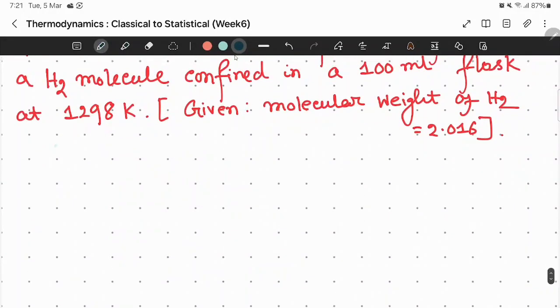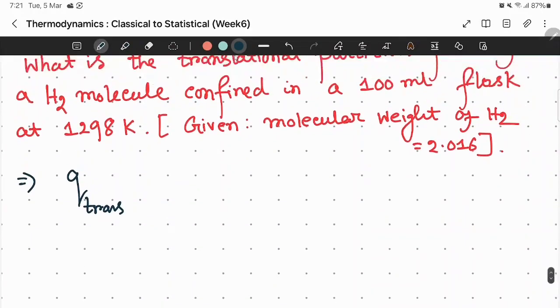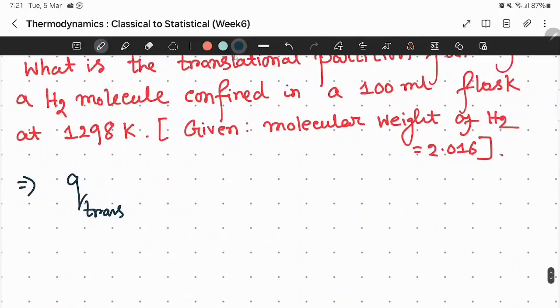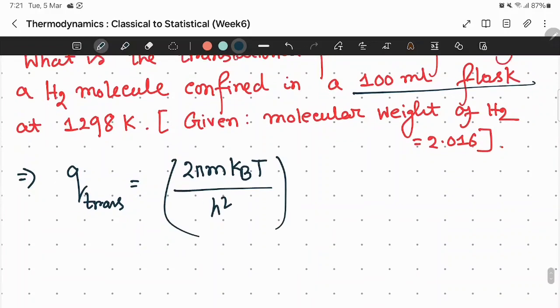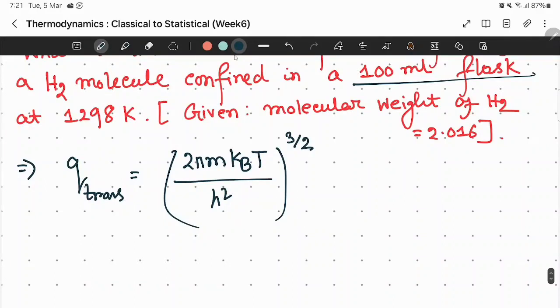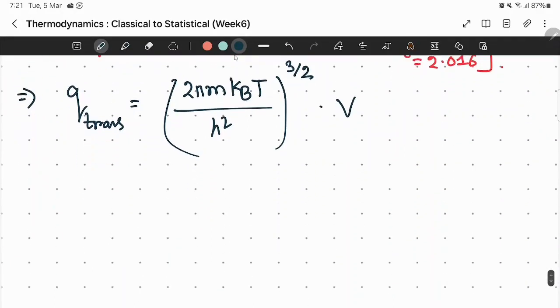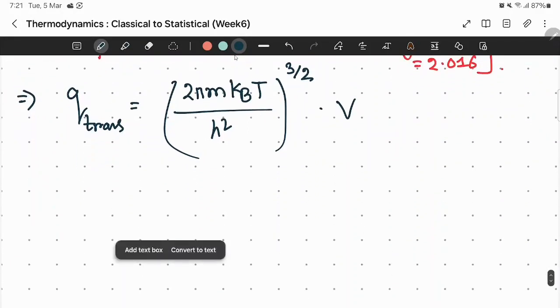Okay, so we know the form of translational partition function. It is confined in a flask, so we have to consider the 3D form. So it is 2 pi m kB T divided by h square to the power 3 by 2 into volume. Just now we have to put that.